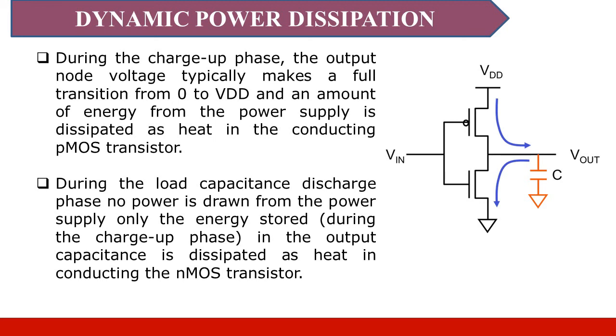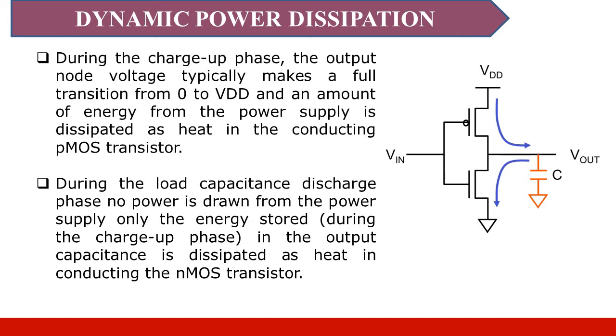It means if the PMOS is on, this Vout will be charged completely to the VDD voltage. In other words, this output node will make a transition from 0 to VDD. At that time, the amount of energy from the power supply is dissipated in the form of heat in this conducting PMOS transistor.